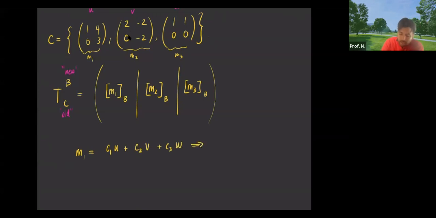Then when I find M1 in terms of my new basis, I should get the column vector C1, C2, C3.